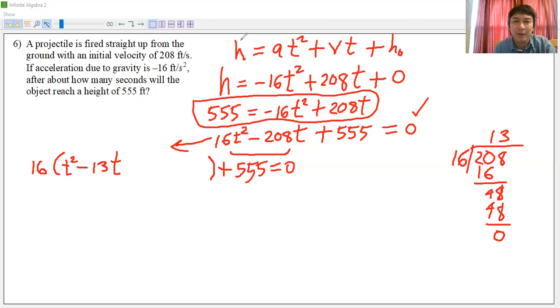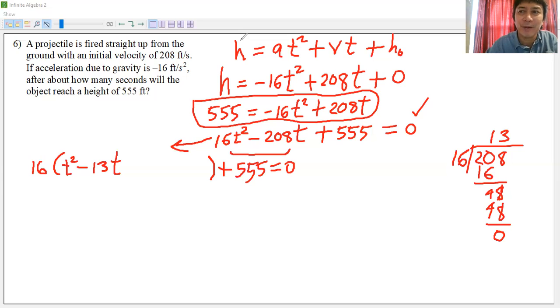And so the space will be for what we will be adding and subtracting, if you still remember the procedure for completing the square. Now, what we're going to add there will be 169 over 4. Okay, 169 over 4.